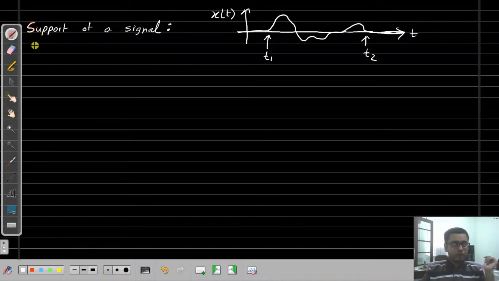So the support of this signal is from t1 to t2, or maybe we can write it this way. This is t2 minus t1, where this signal is non-zero.